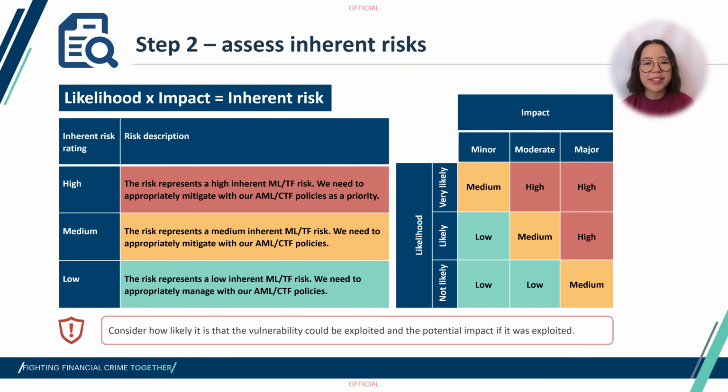When conducting a risk assessment, the second step is to assess your inherent risks. To assess your MLTF risks, we expect you to consider the scale of vulnerability of each risk factor to exploitation.